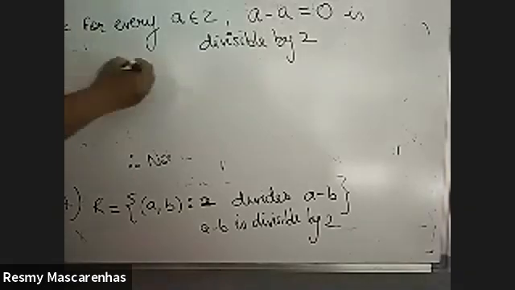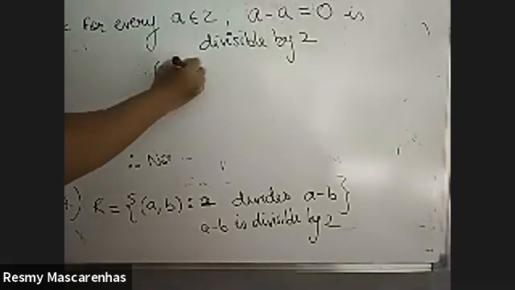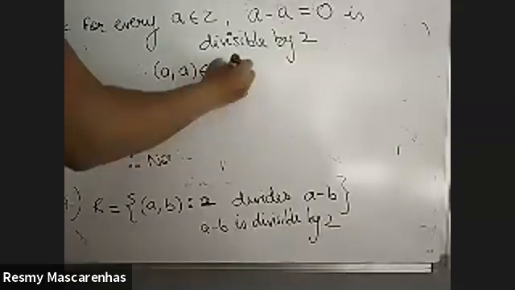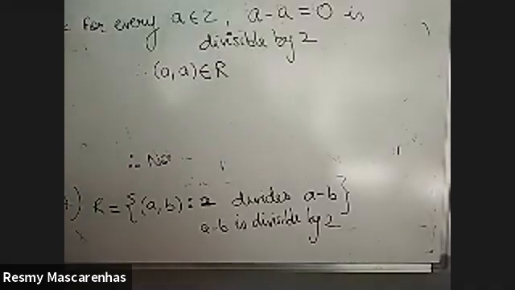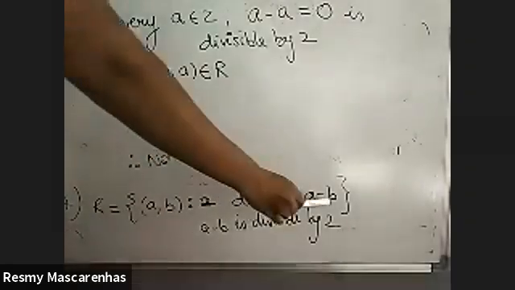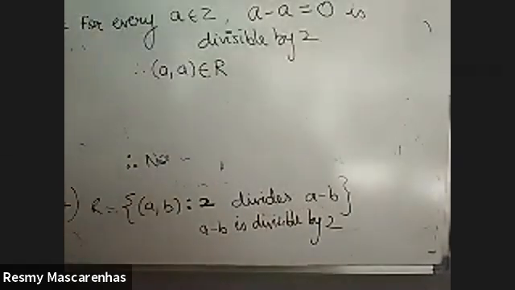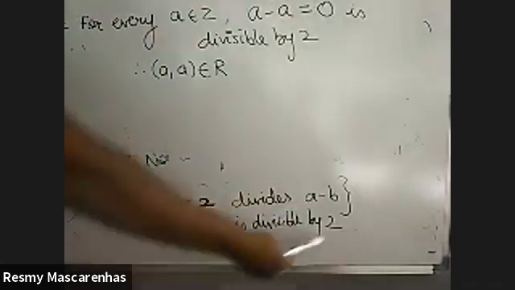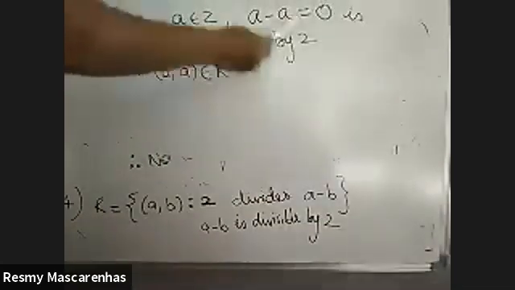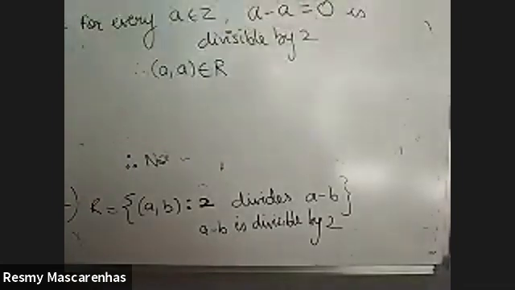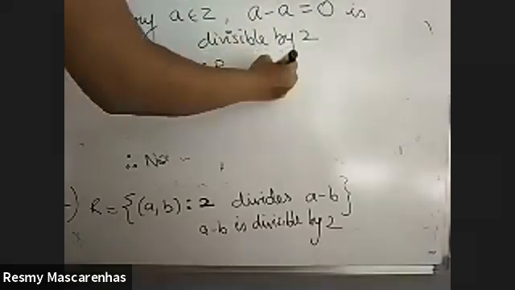So that's why A comma A. First you have to put A comma A and check whether it is satisfying this condition. Instead of B, I put A. The answer turns out to be 0. 0 is divisible by 2. So it is holding true. That's why R is reflexive.